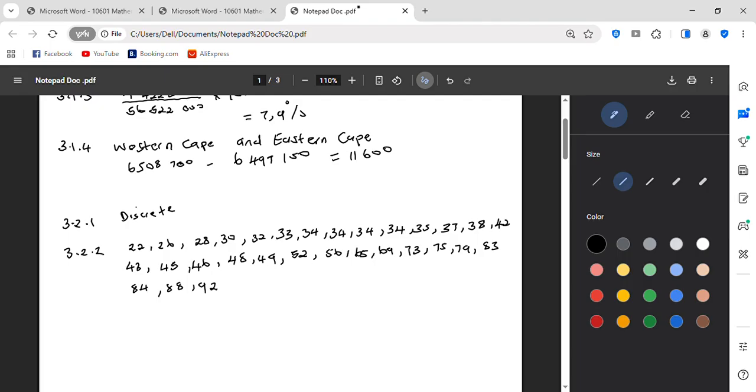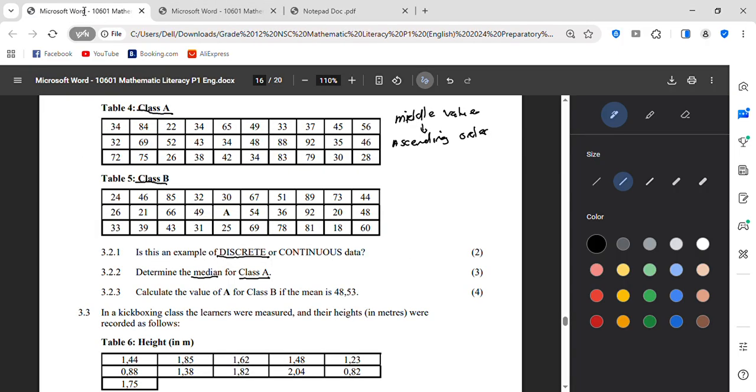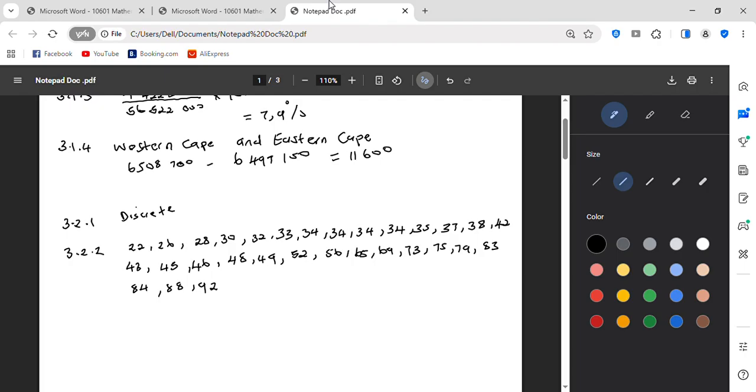So how many numbers are these? If you can check here, these numbers are 30. If you can check here for class A, it's 30. So let's verify if my numbers are also 30.